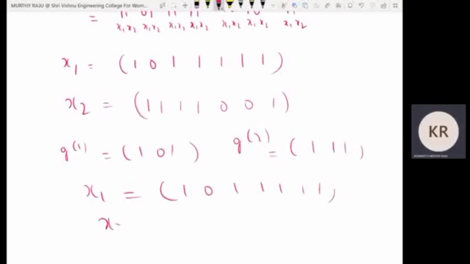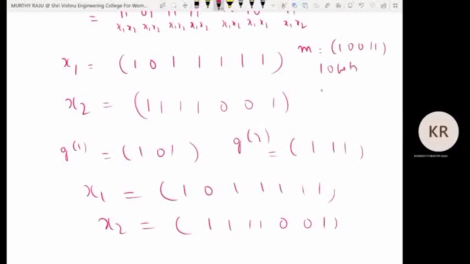These two from code tree analysis, that m is equal to 1 0 0 1 1, we will get 10 bits. But m is equal to 1 0 0 1 1 0 0, we will get 14 bits.